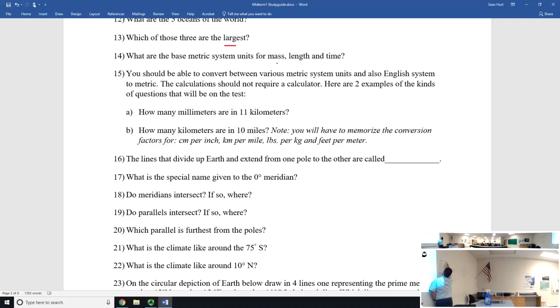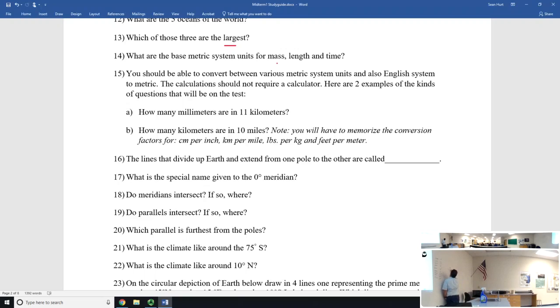Now notice that we skipped, because you have to use the exponents here, because it doesn't go just skipping by ones. See how it goes from 6 to 3 right there? So you have to use the exponents. What's the difference between 10 to the 6 and 10 to the negative 6? So 6 minus negative 6 is 12, right? So you would have to move the decimal point 12 spaces. Okay, so if you did that, you'd go 1, 2, 3, 4, 5, 6, 7, 8, 9, 10, 11, 12.